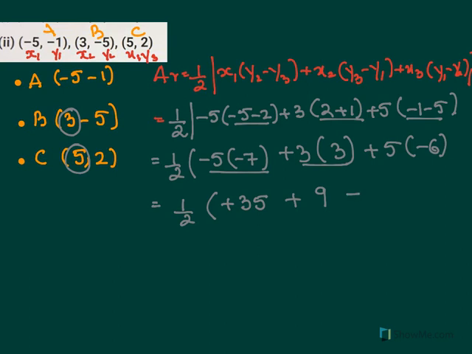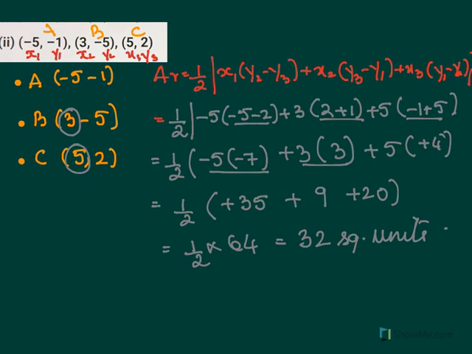Plus 5 into minus 6 is minus 30. So here there was a mistake. It should have been plus 5, plus 4, and there's 20. So this is half into 64, which is 32 square units.